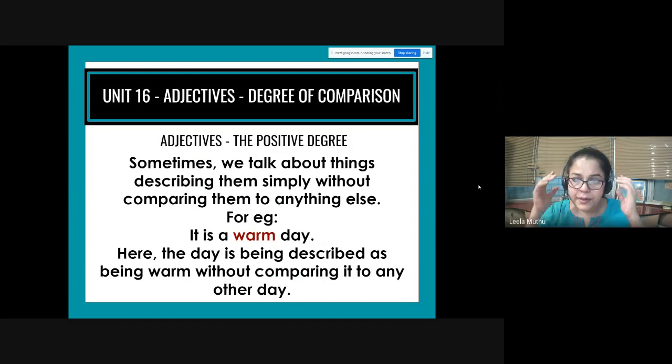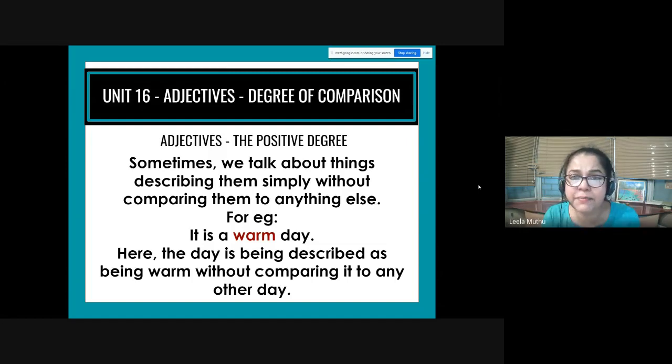Now we learn about the different degrees of comparing adjectives. So you have three degrees of comparison. You have the comparison in the positive degree, comparative degree, and the superlative.